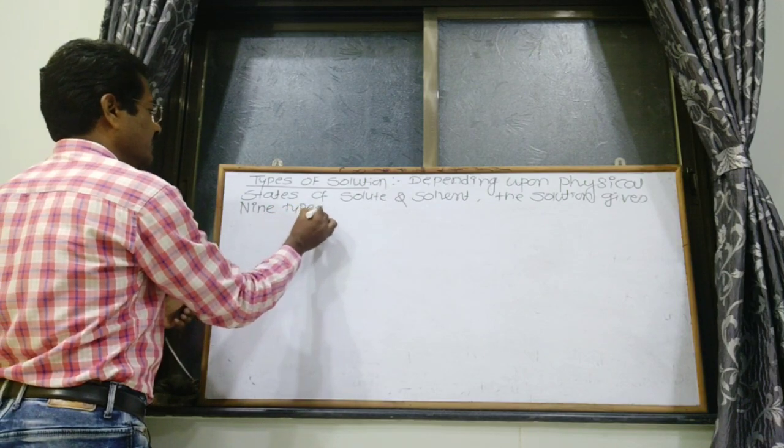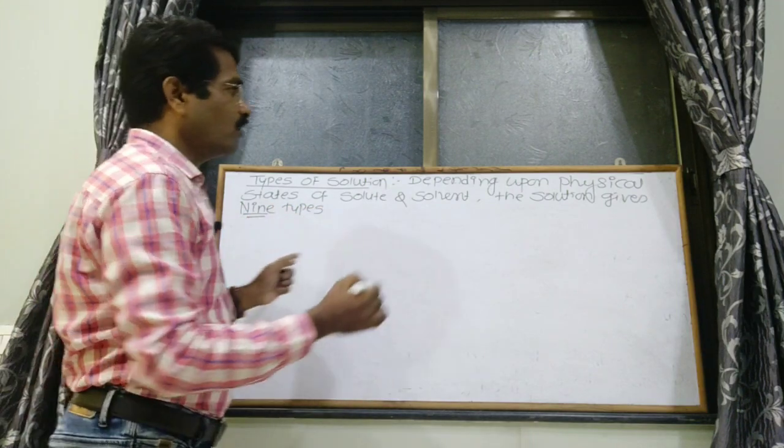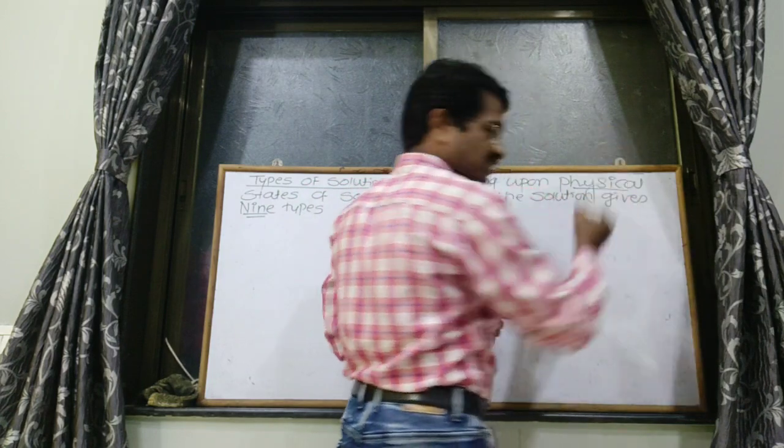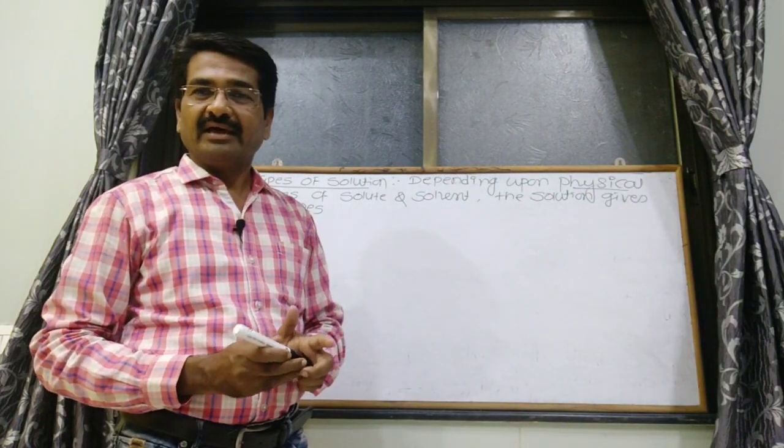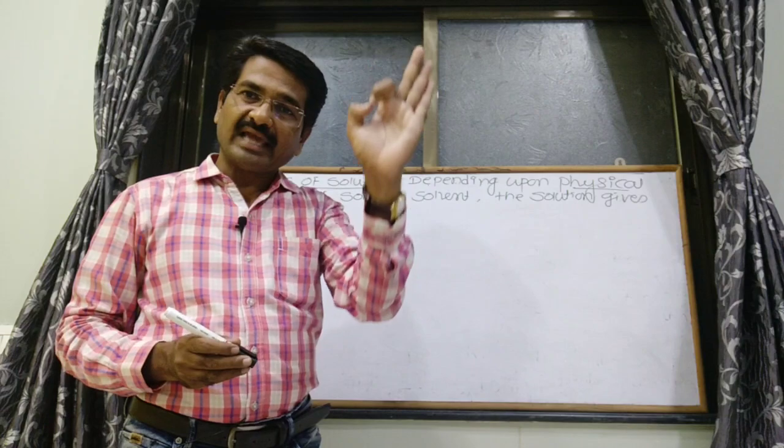The 9 types of solution occur depending upon the criteria of physical states, that is solid, liquid, gas. How are the 9 types of solutions formed?